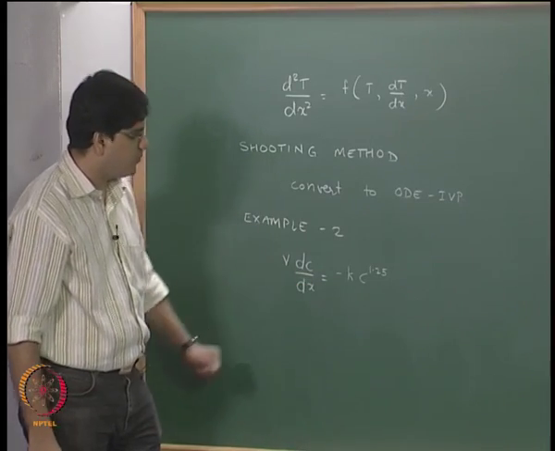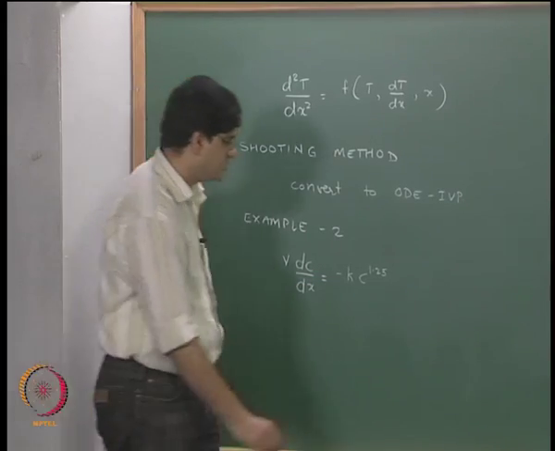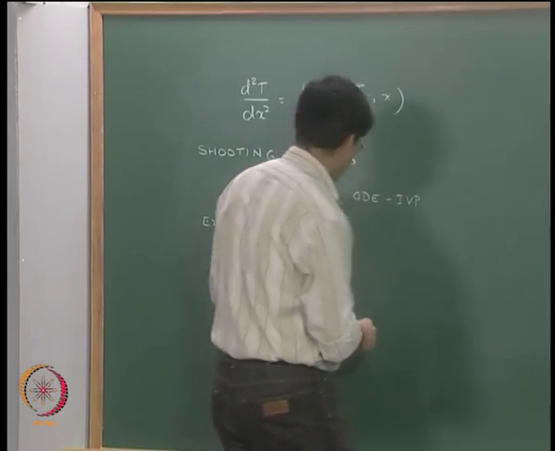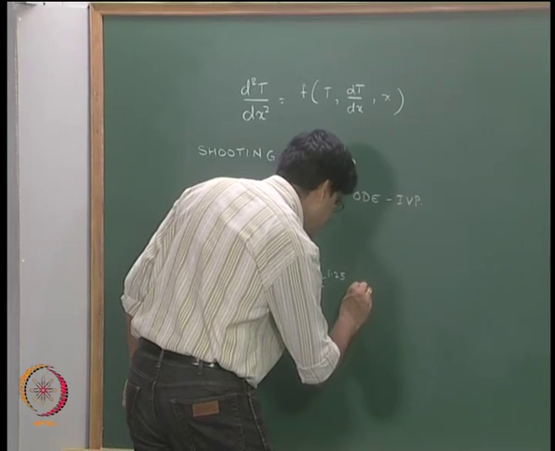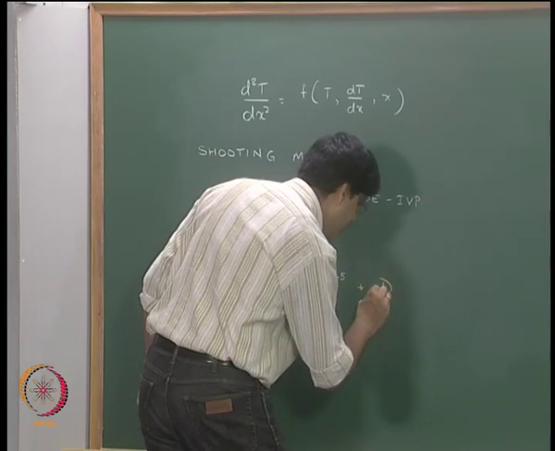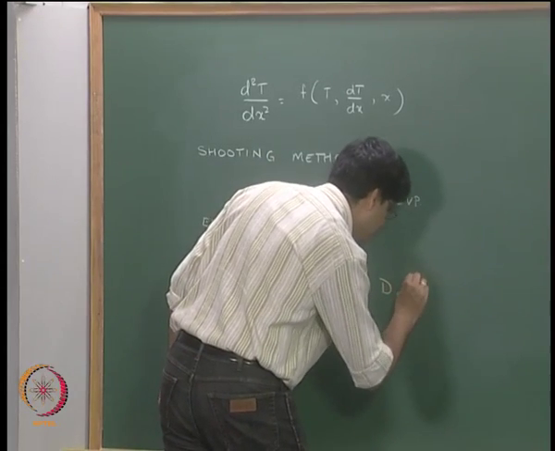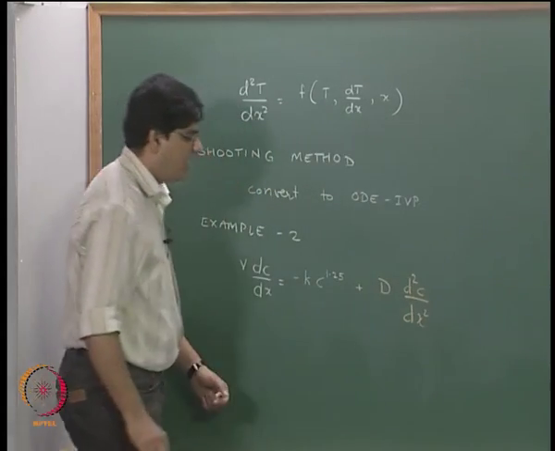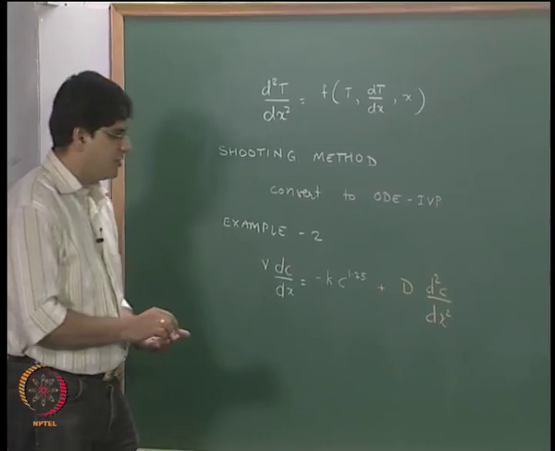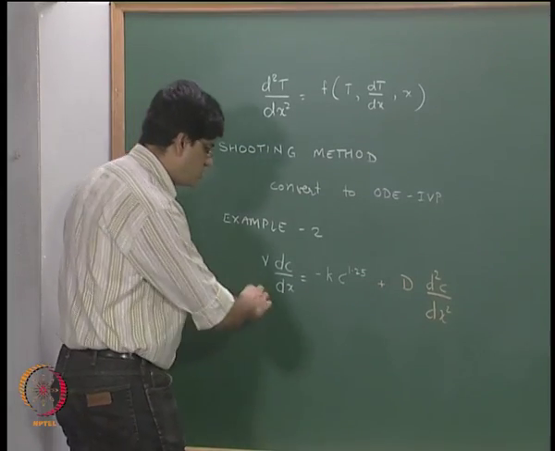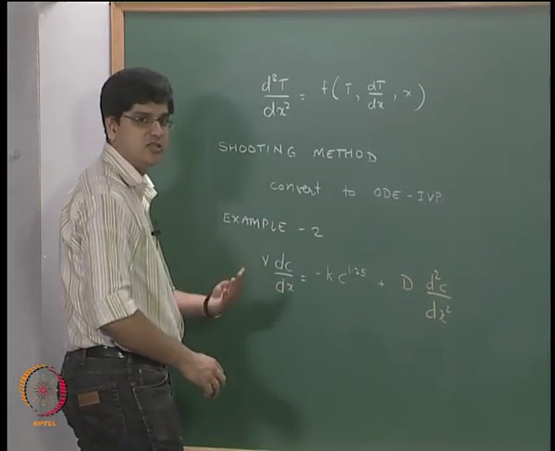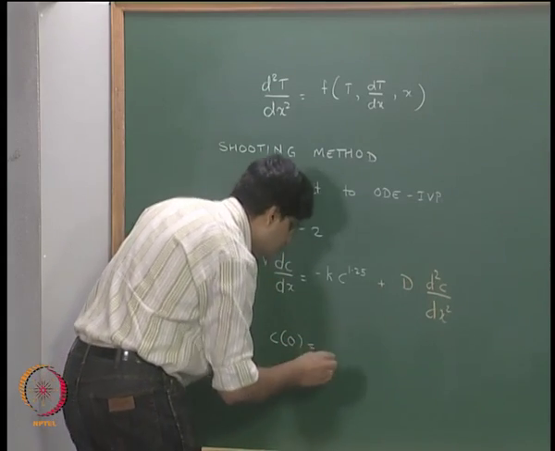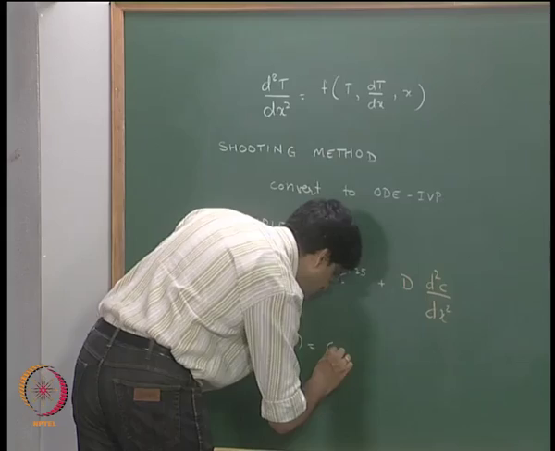Now this we can modify in the presence of axial dispersion. We will have another term which corresponds to the axial dispersion term, and that term will be of the form D, the dispersion coefficient, multiplied by d squared C by dx squared. The original initial value problem, which I have written in white, had the initial condition C at 0 equal to some value C0.